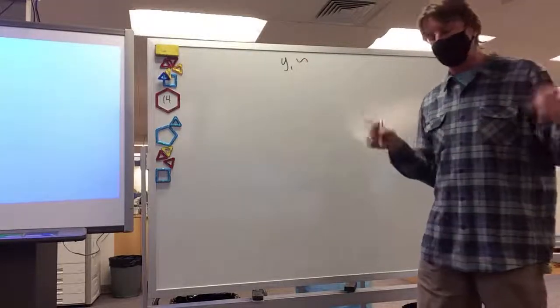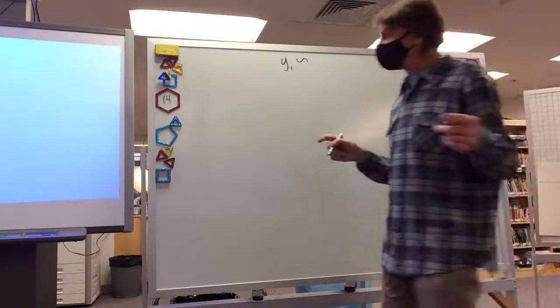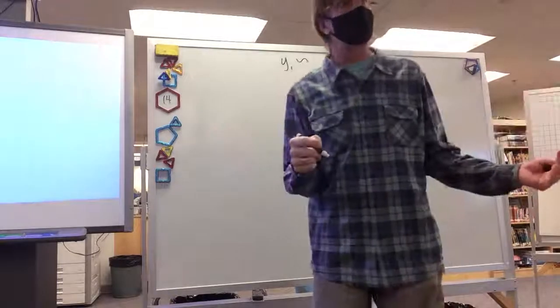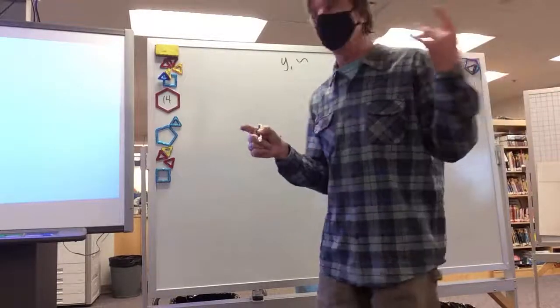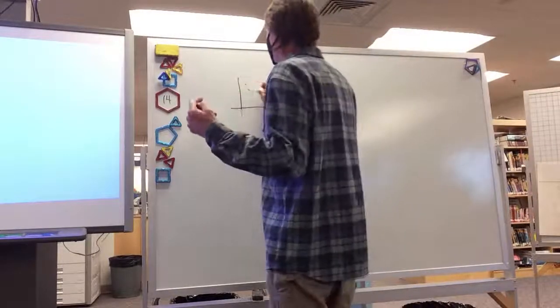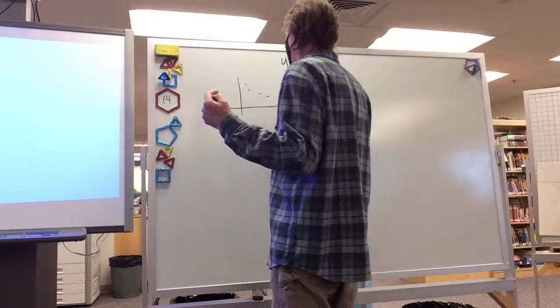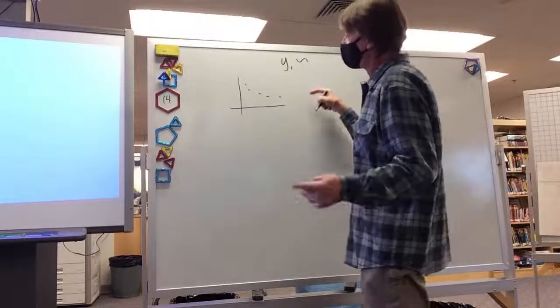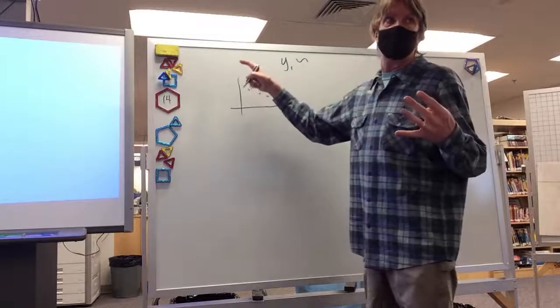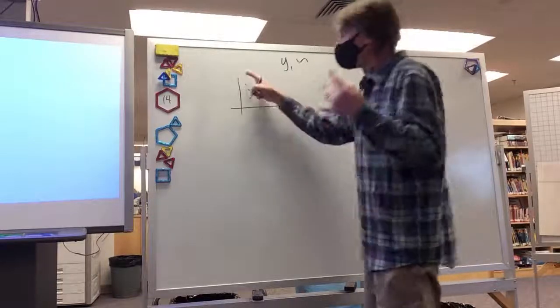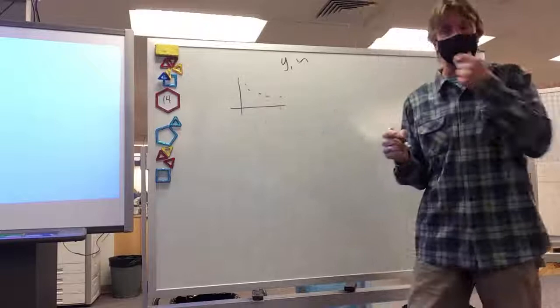So what do they mean by a regression? See, regress is to work backwards. So if you have this set of points like this, and then you work back to get a line, or work backwards to get an equation, that's doing a regression.